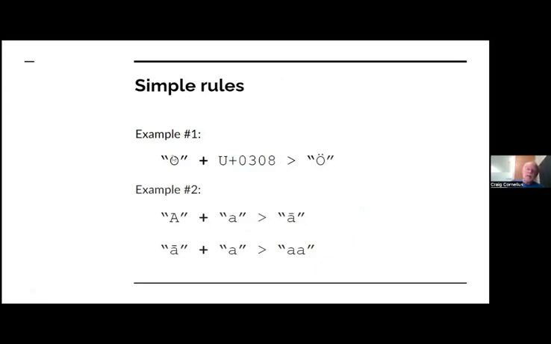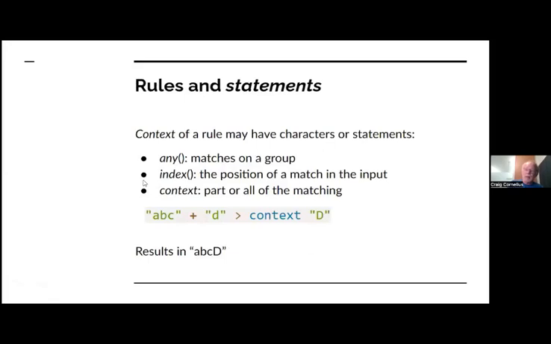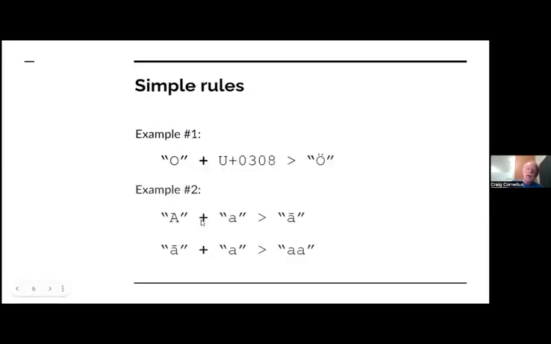We can say, given the character capital O, add this Unicode character to it, which is the diaeresis, and produce this one single character. Or the second example: make a small a and another small a, and make an A with a line over it.